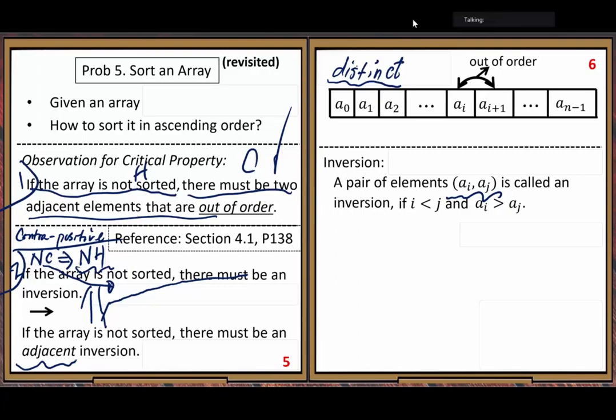Here's another important point I want to convey. In the second statement, we didn't mention what kind of inversion, right? We talk about arbitrary inversion. Arbitrary inversion means the inversion we are talking about here is a global inversion.